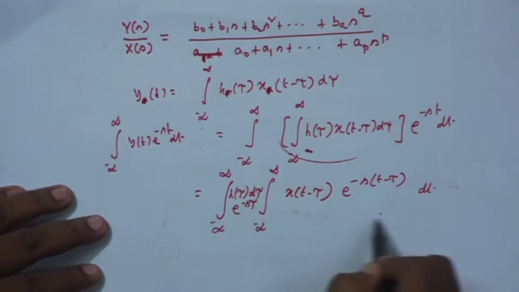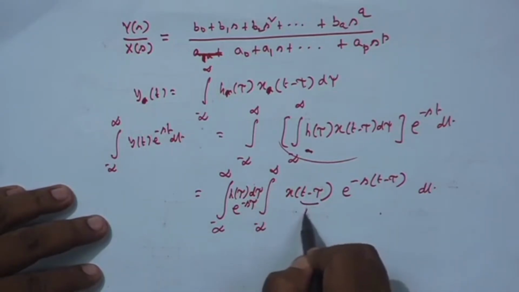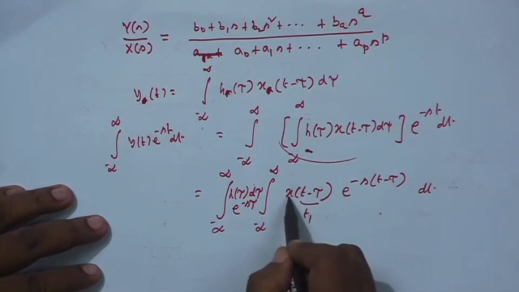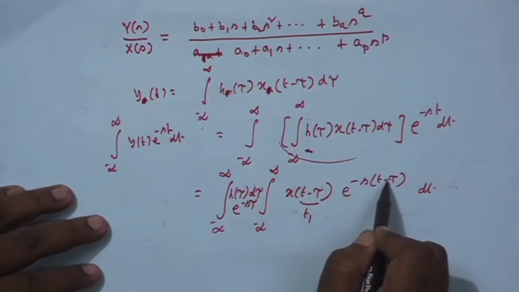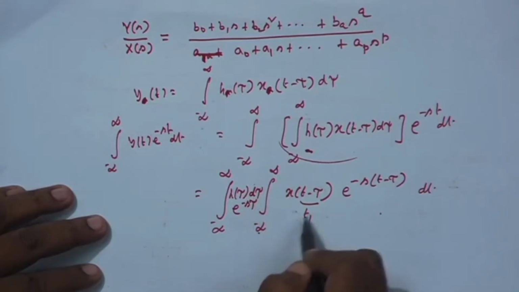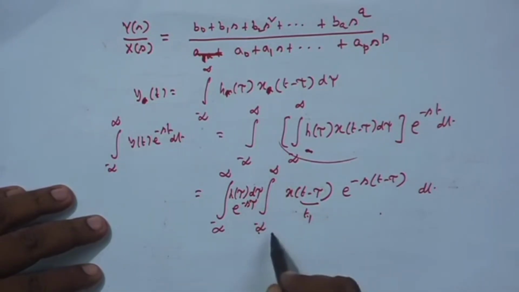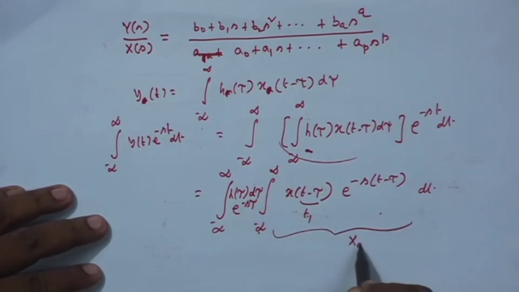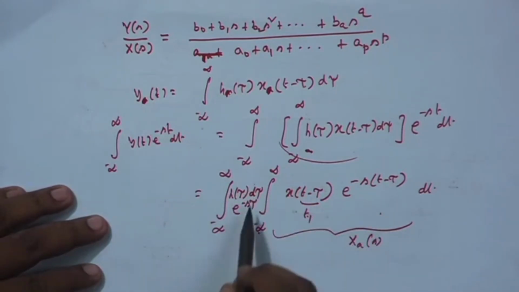So, the inner integral, t minus tau, if you call it t1, is x(t1) e to the power minus s t1, and the limits will be the same, minus infinity to infinity, because if t goes to minus infinity, t1 goes to minus infinity, and if t goes to plus infinity, t1 goes to plus infinity. So, this entire thing is the Laplace transform X(s), that goes outside, and this is again the Laplace transform of h.